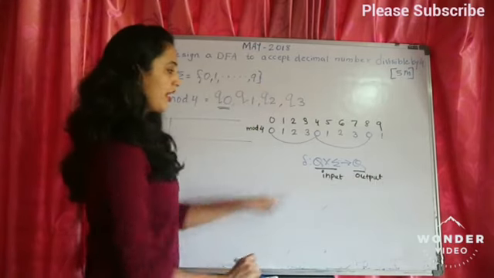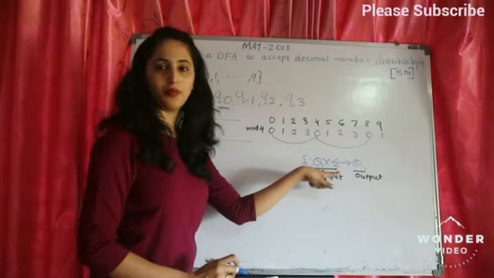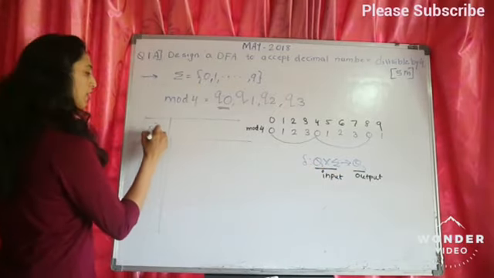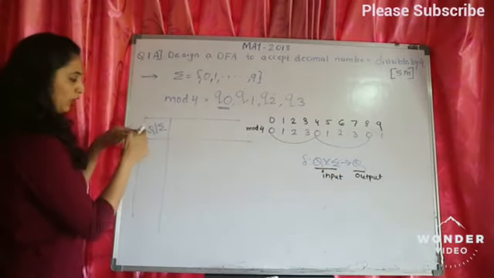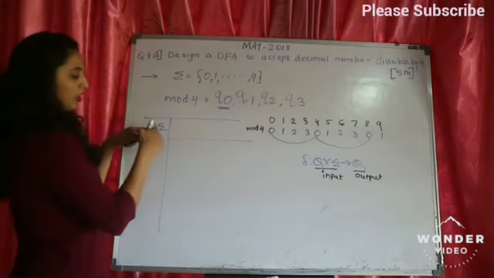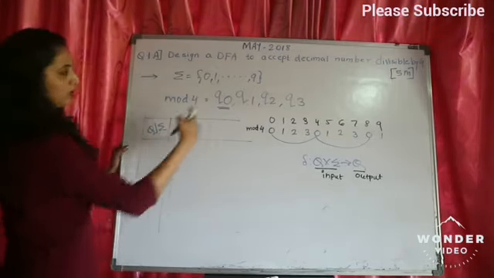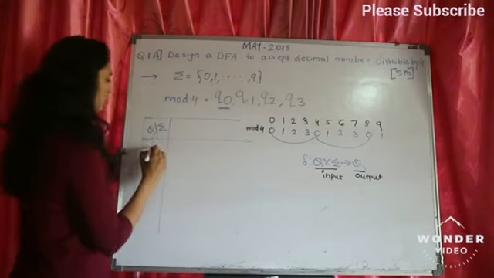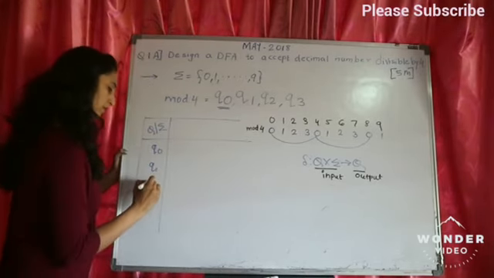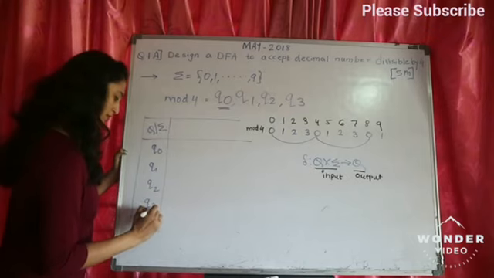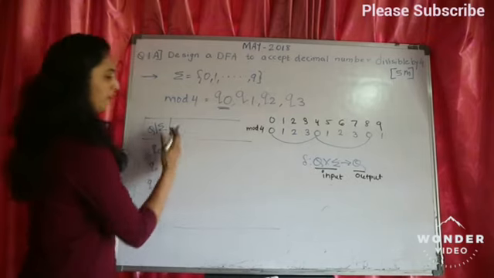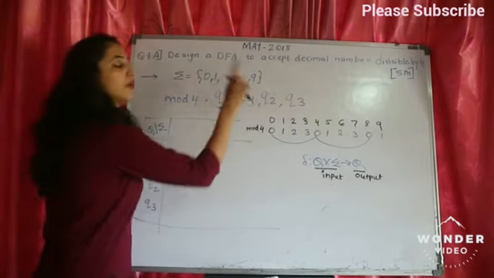On the input side I have to provide the states and the input symbol. Q is nothing but the values in the column, sigma is nothing but the values in the rows. So I will write down all the Q. The different states are Q0 to Q3. I will write down all of them. Now the different input symbols are nothing but 0 to 9.